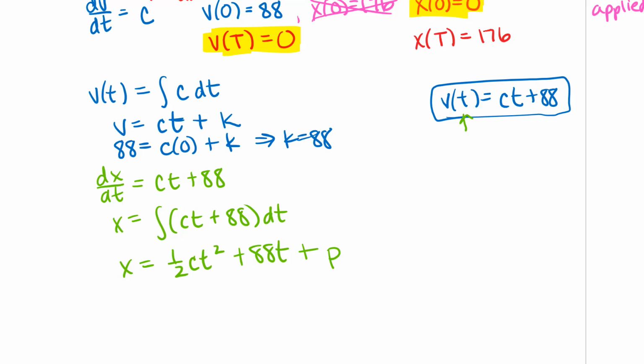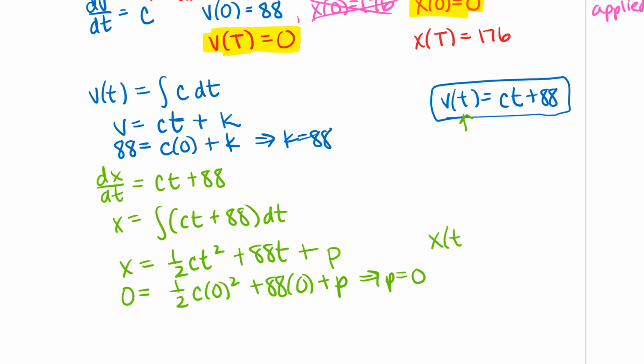I do have an initial condition here. So we know that at t equals 0, the distance traveled is 0. So we get that p equals 0. So we've got our position function here. X of t, 1/2 ct squared plus 88t, and the p is 0.